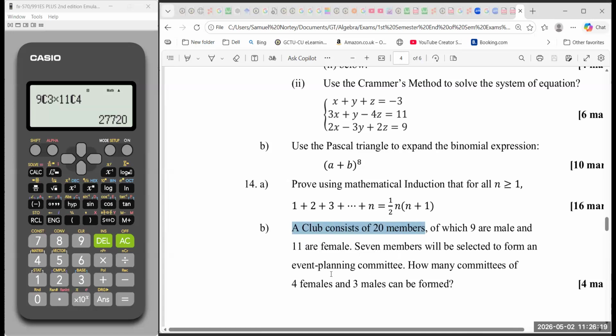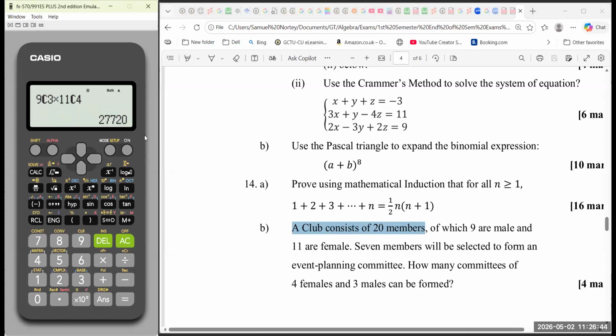Then you are choosing 4 females and 3 males. To choose the males, you choose 3 from 9. To choose the females, you choose 4 from 11. Then you multiply. So that's your working. You must write in the answer booklet: 9 combination 3 times 11 combination 4. You write the answer. That will be your working.